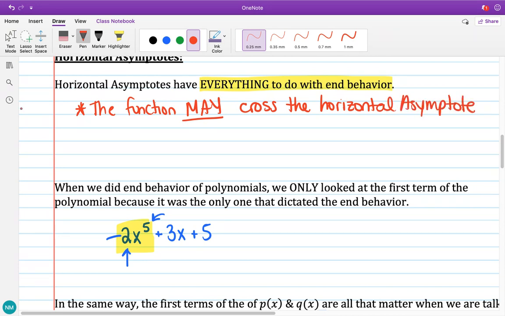This is unlike vertical asymptotes. The function may cross the horizontal asymptote, because if I have something like this and the function goes like this, right?